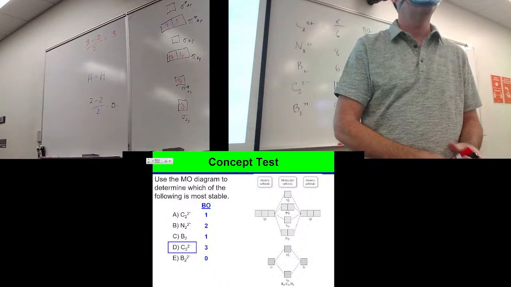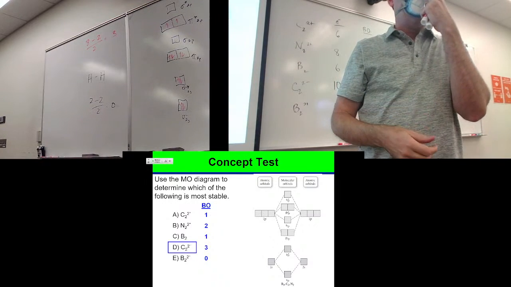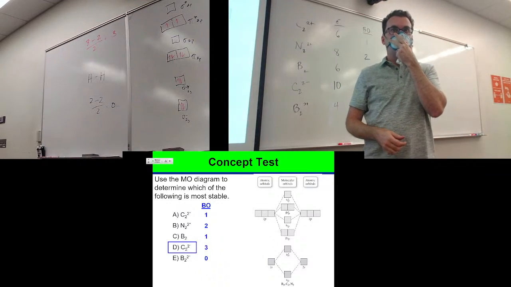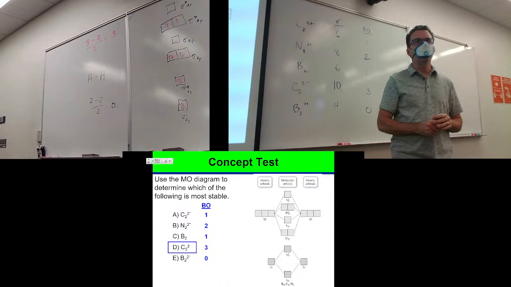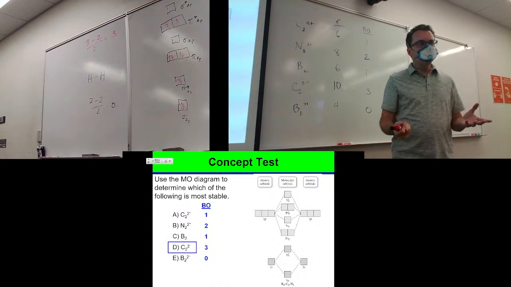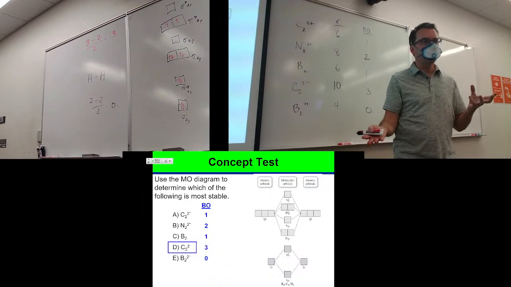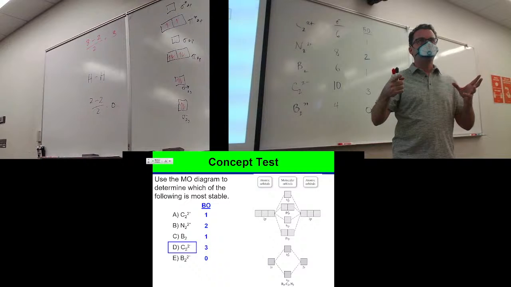Just curious, with bond order, how directly correlated is it with bond strength? Oh, it's not proportional, in the sense that a double bond is not double the strength of a single bond. Well, when you go from a single to a double bond, it's quite a bit stronger.